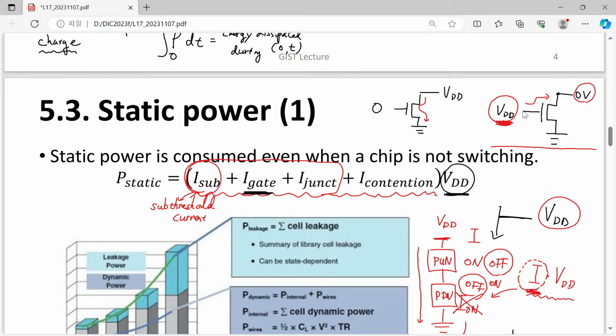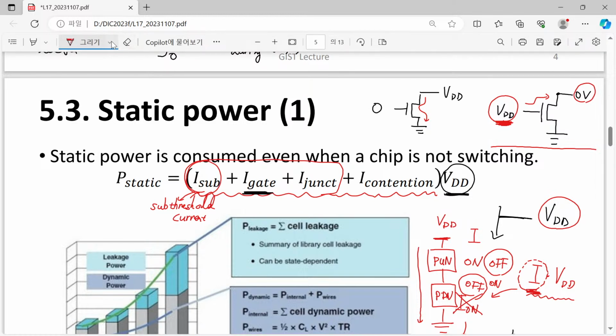So how can that happen? Up to now, we always assumed that this oxide is a perfect insulator, so we have no chance of current conduction through this perfect insulating layer, silicon dioxide. However, in reality, this is not a perfect insulator.